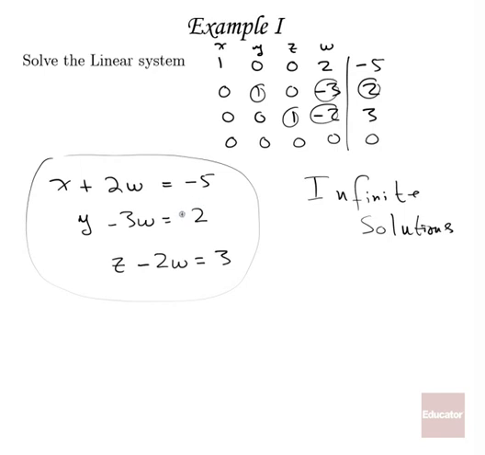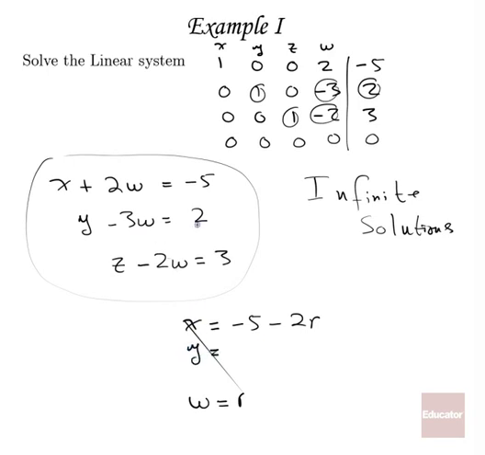Let me go ahead and show you what this looks like explicitly in terms of x, y, z. In other words, I'm going to solve for x and y and z. Because w is a free parameter, I'm going to put it down here. I'm just going to call it r. You can give it anything you want, okay? So x is going to equal minus 5 minus 2r.